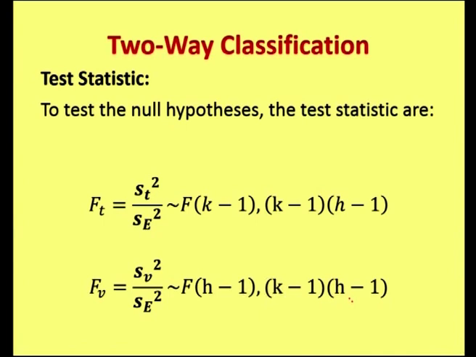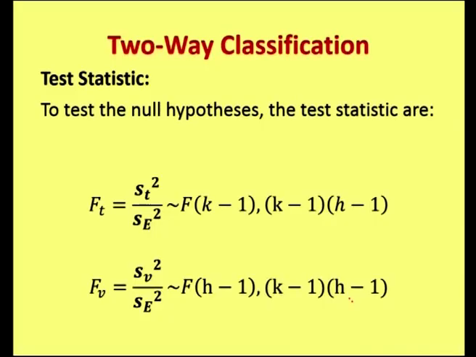So, the statistic to test the homogeneity of the treatments is st squared by se squared, which follows F distribution with k minus 1 and k minus 1 into h minus 1 degrees of freedom. And for varieties, the test statistic is defined as sv squared by se squared, that is small sv squared by small se squared. These are nothing but the ratio of mean sum of squares due to varieties to mean sum of squares due to error.